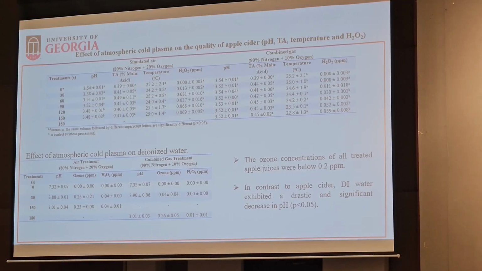In apple cider, deionized water, we saw a big pH drop. And you can see a lot of other things in there, which students measured. We didn't see too much other change other than the change in the pH, and of course some changes with the ozone.